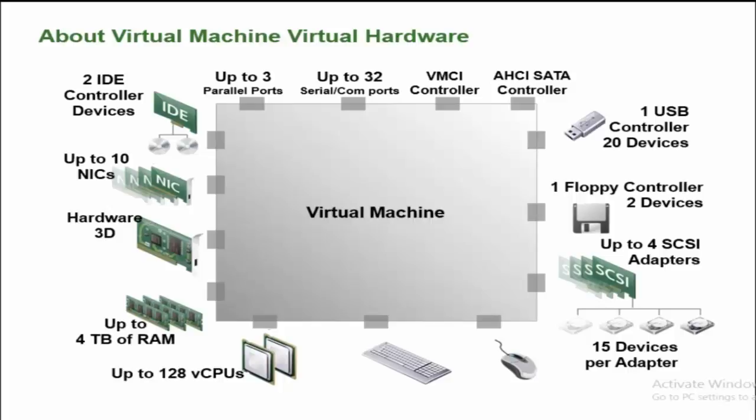You can have a hardware 3D card if your virtual machine contains an application that requires graphics, so you can attach a graphics card to it if your hardware supports that. So we can only have up to 4 TB of RAM. Yes. Can't increase that? No, this is the maximum limit by VMware that you can give to a virtual machine.